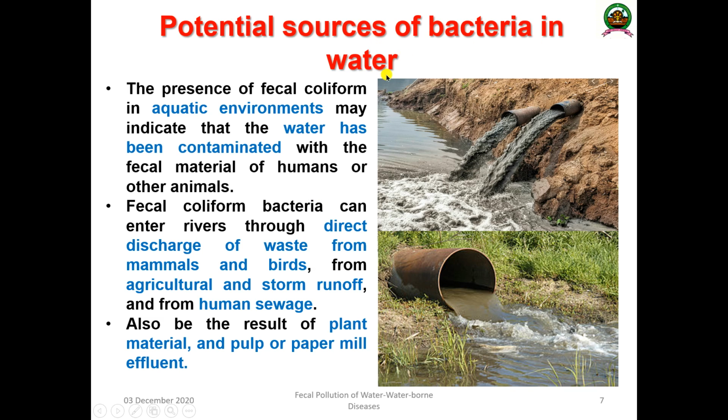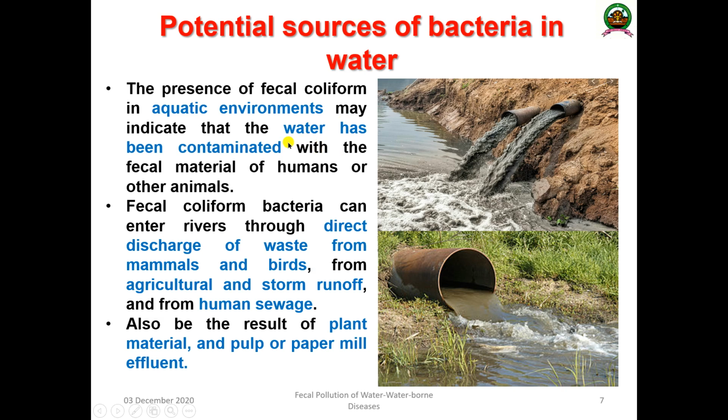This is the electron microscopic photograph of a fecal coliform. What are the potential sources of this bacteria in the water? What are the major sources of these coliform bacteria in the water? The presence of fecal coliform in an aquatic environment may indicate that the water has been contaminated. What is the main important aspect of fecal coliform? If you check the fecal coliform count, then we can clearly tell whether the water is safe to drink or not, or whether the water is contaminated or not.